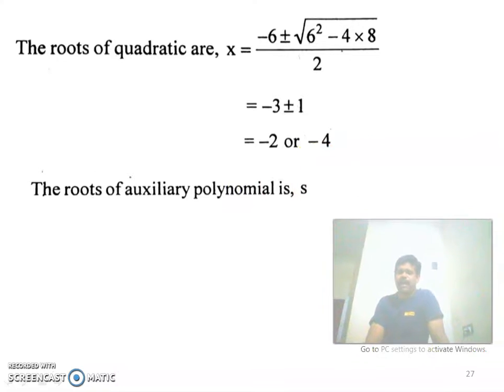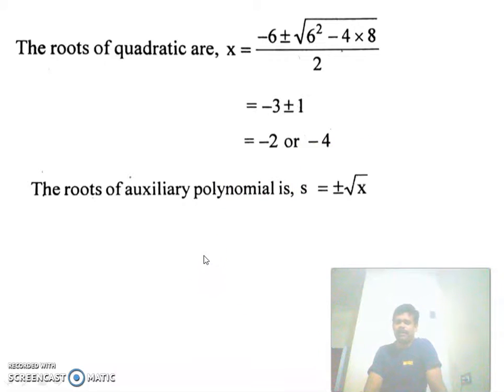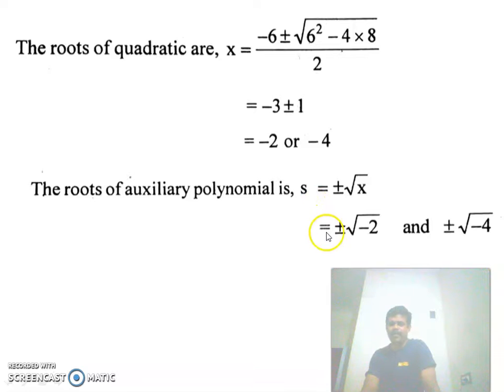The roots of the auxiliary polynomial are x, but s square is equal to x. So what is s? S is nothing but square root of x. So you will be getting square root of minus 2 or square root of minus 4.